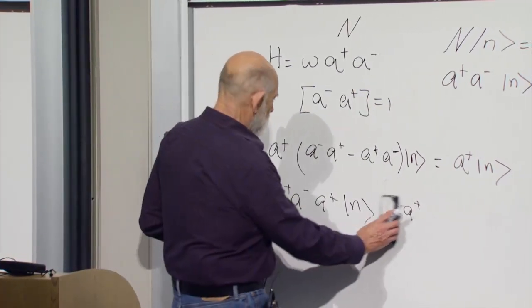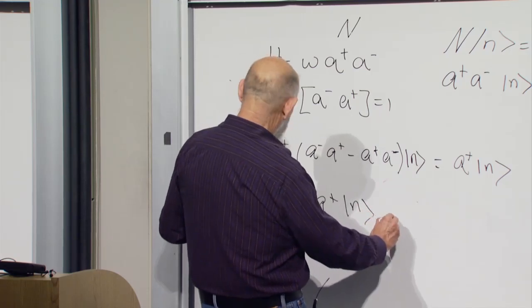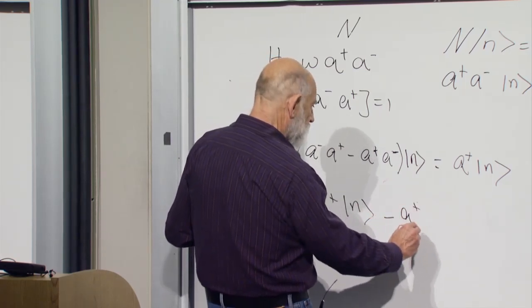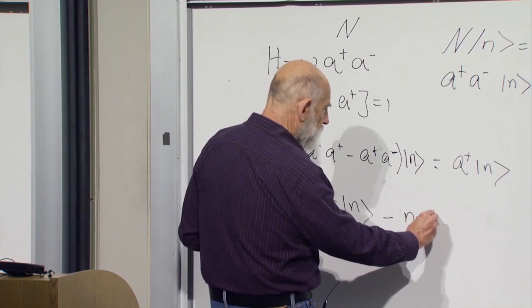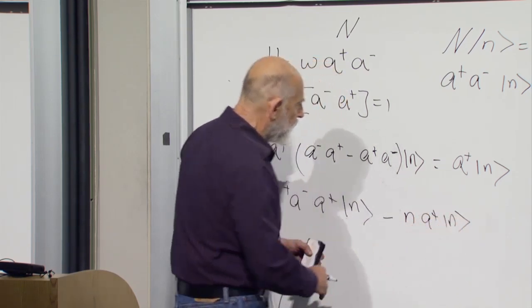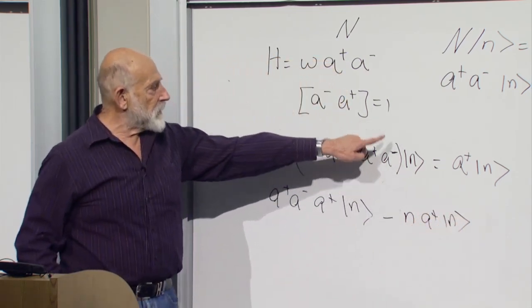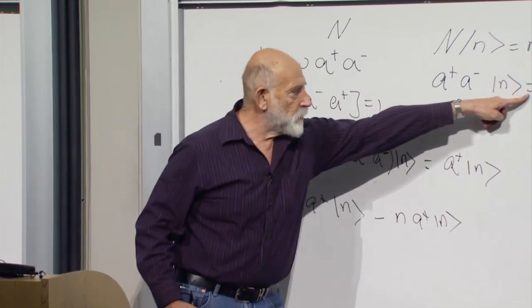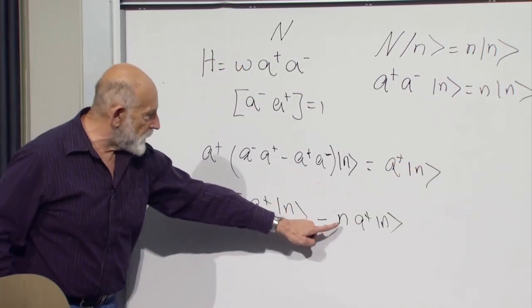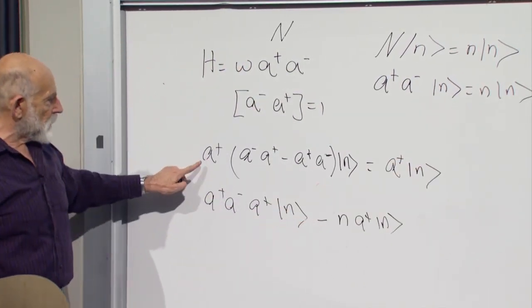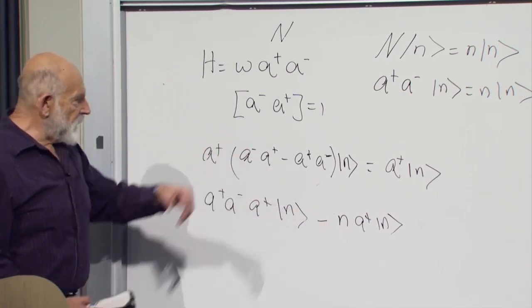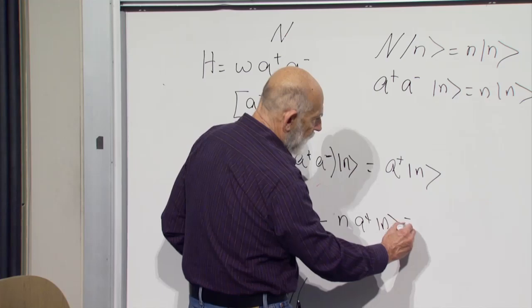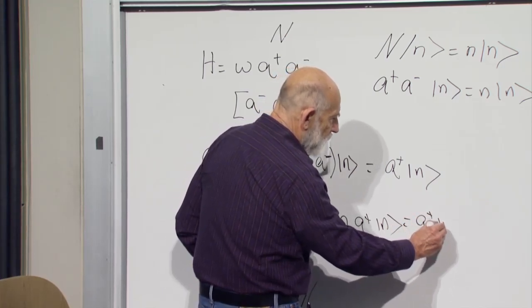Right, so this is minus a plus times n. I've written that a plus a minus on n just gives me a numerical factor n. So that's this over here. I still have the a plus, and that's over here. And finally, on the right-hand side, I have a plus times n.